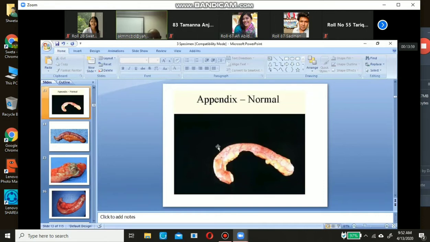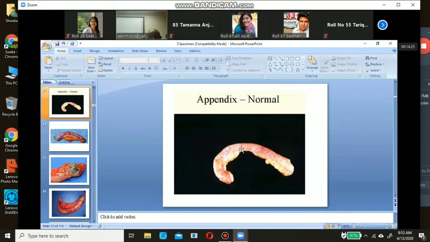And if it is appendix, you can blindly write down this is a case of acute appendicitis. Other than acute appendicitis, other appendicular pathology will never be given in your exam. Therefore, identify the specimen and then you can almost be sure that this is a case of acute appendicitis.